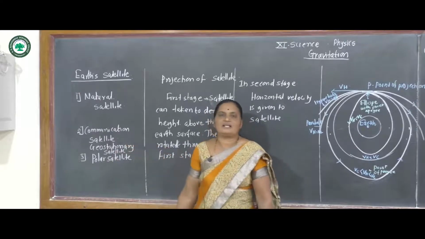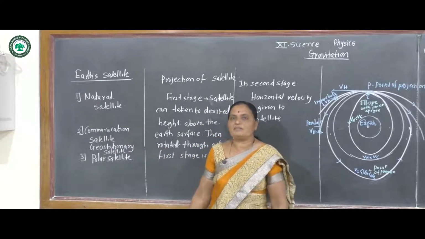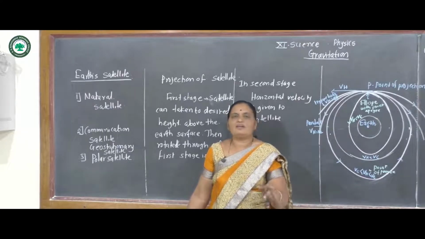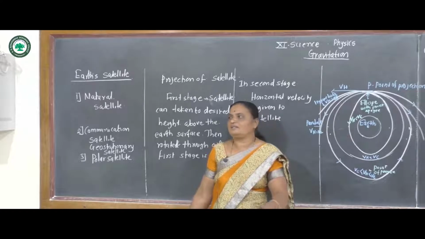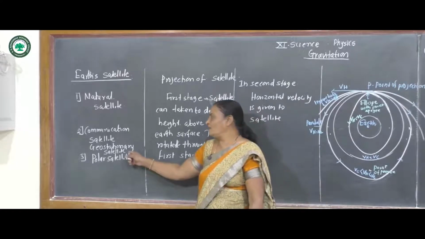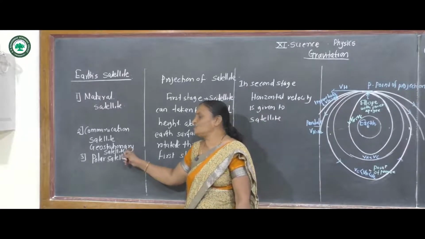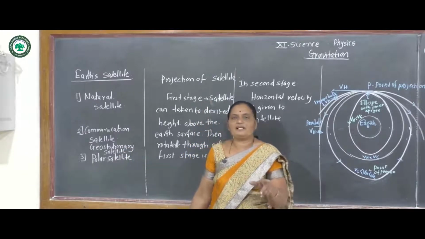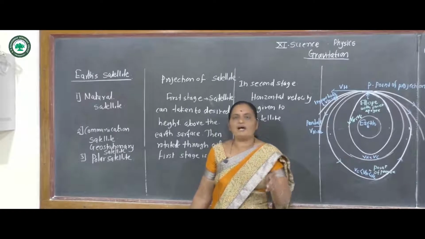Communication satellites are used for communication purposes, that is weather forecasting, meteorological purposes, then television broadcasting. The geostationary satellite has a period of 24 hours, that is 1 day.